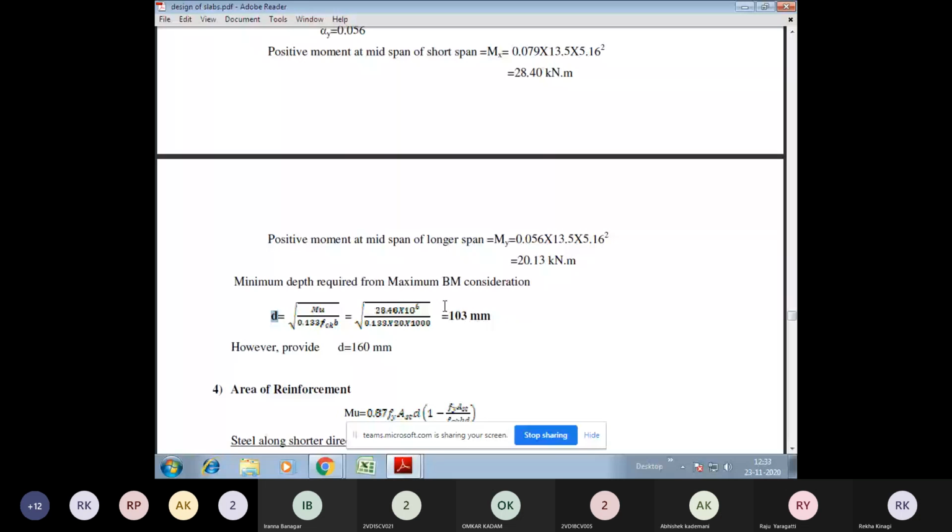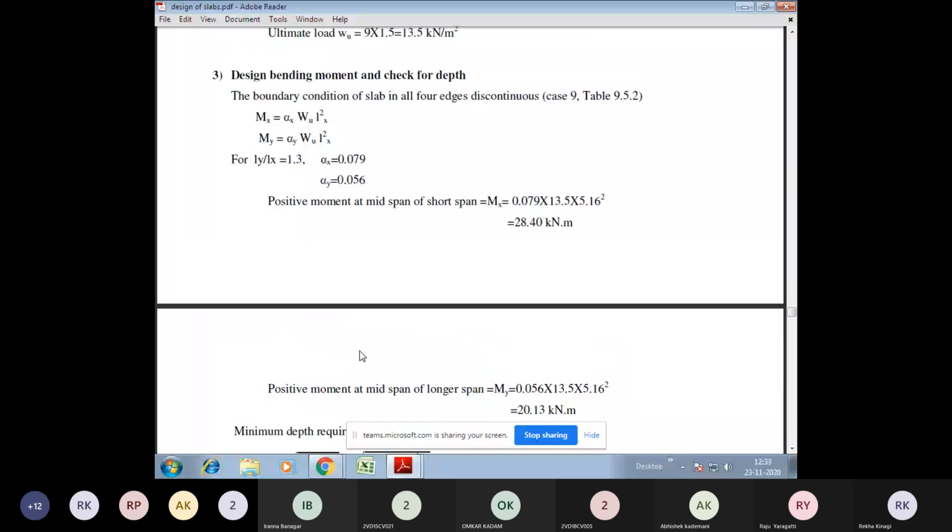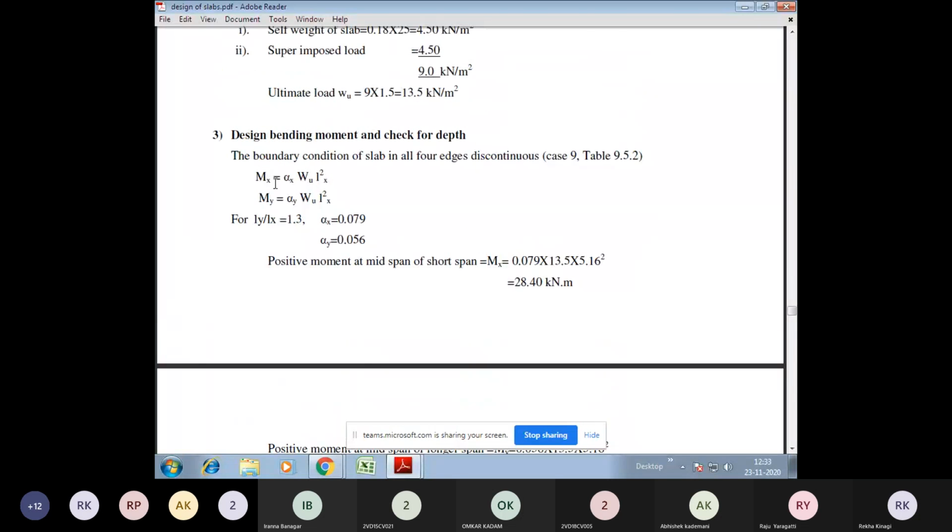So if mu is less than mu limit, then we can proceed with the design. So this is how we need to check whether it is safe to proceed or not, along with the codal provisions, the coefficients alpha x and alpha y, and the loads.